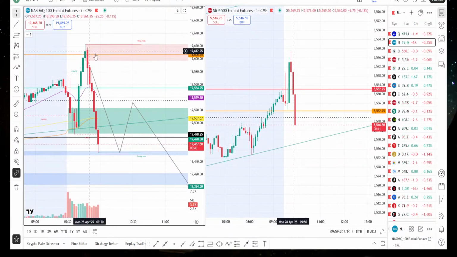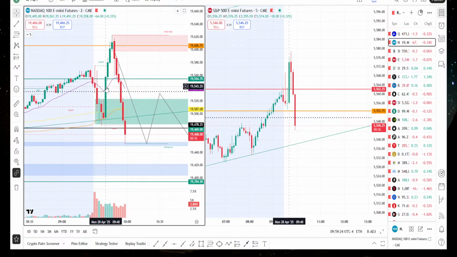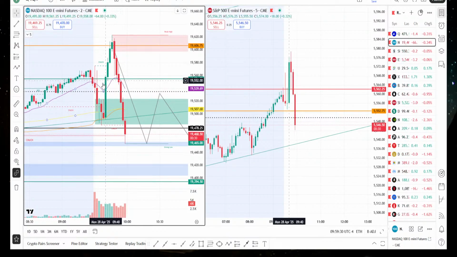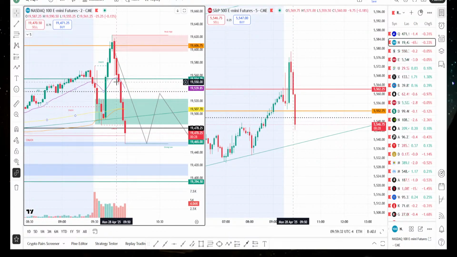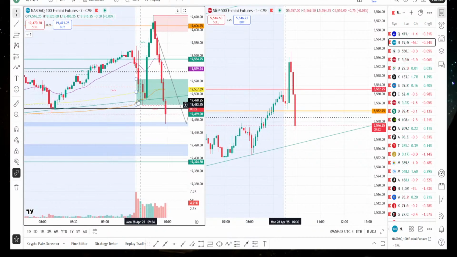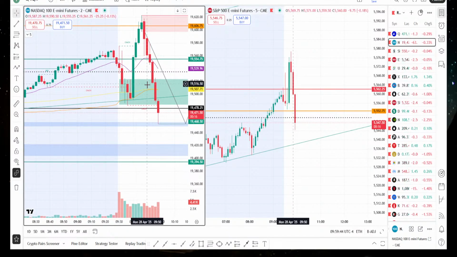Maybe you could say, okay, if we stay above the 21 EMA, because the 21 EMA can act as support or resistance, then I'll hold my position. And if we close below it, then I can exit, close it, take a loss. That's one way you can manage your trade. You close below 21, close your trade.